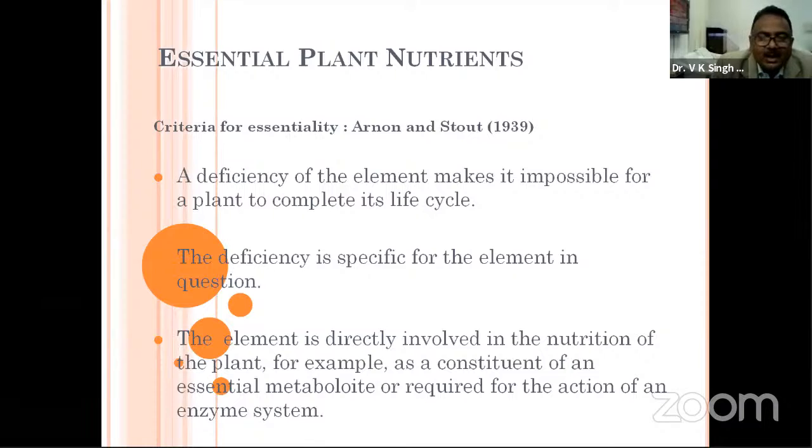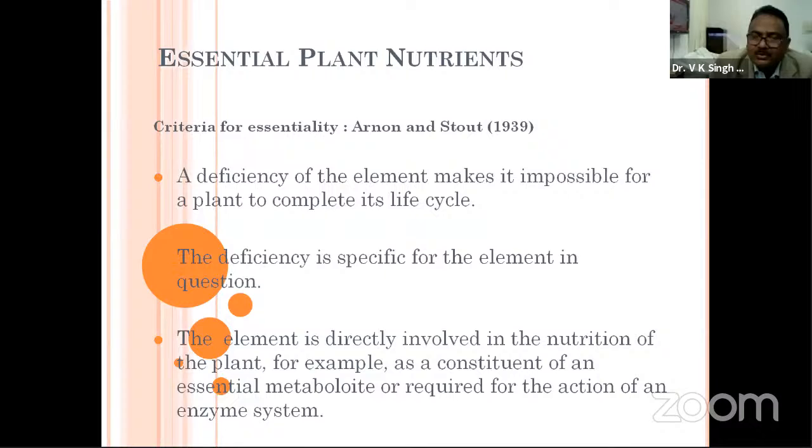In my opinion, the students might have also joined, so I put in this slide. We should know what the significance of nutrient is. The criteria of essentiality of a nutrient decide the significance. Many of you might have learned this, but I'm just reiterating those criteria.